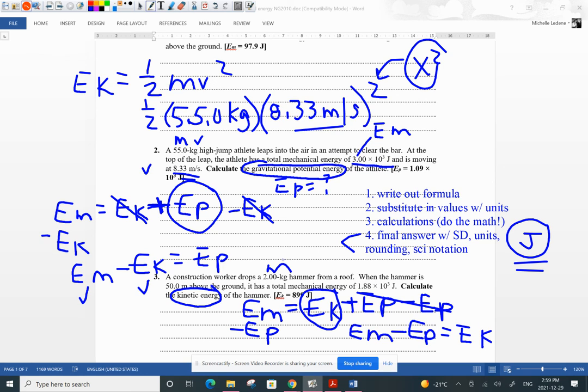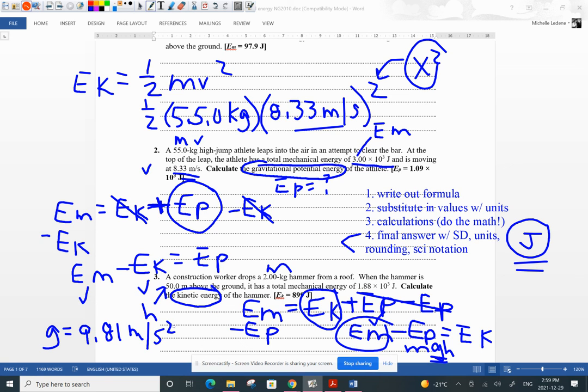So we have the mass of a hammer, and we have the height of the hammer, and we have the mechanical energy, so I know this. How do I find EP? Well, I don't use the formula. Sorry, I go mgh. So I have the mass, I have the height. Oh no, what's g? Well, you guys know that. You know that g, the acceleration due to gravity, is 9.81 meters per second squared.